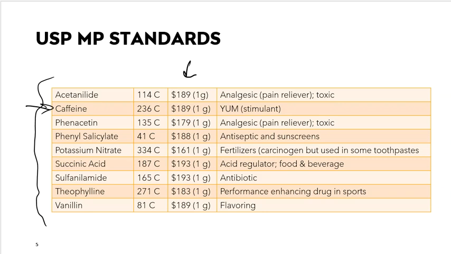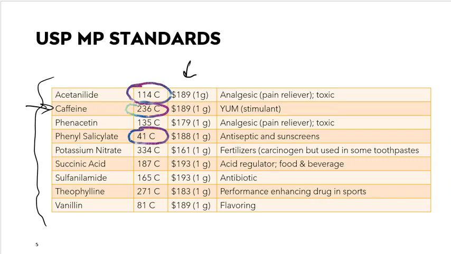So if we go up and take a look at acid analyte, we're looking at a 114 degree melting point. And then here is caffeine, and caffeine is 236 for its melting point. And then if I go to phenyl salicylate, this is 41 degrees for its melting point.